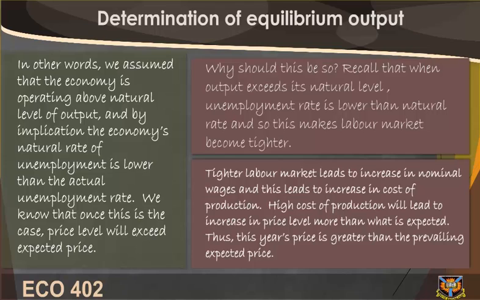Recall that when output exceeds its natural level, unemployment rate is lower than natural rate, and so this makes labor market become tighter. Tighter labor market leads to increase in nominal wages, and this leads to increase in cost of production. High cost of production will lead to increase in price level more than what is expected. Thus, this year's price is greater than the prevailing expected price.